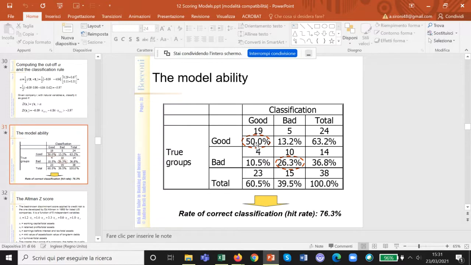So if we take the correct classification rate, we have 50% plus 26%, and this is also called the hit rate, i.e. how many of the companies would be classified correctly according to our model and the threshold, the cutoff point that we chose, okay?